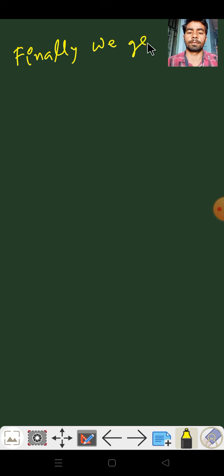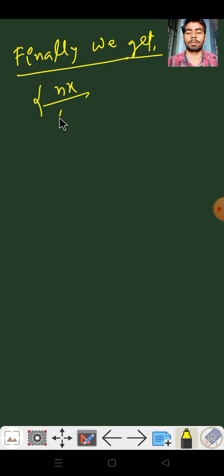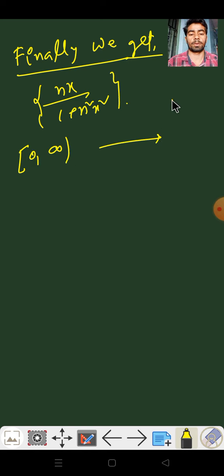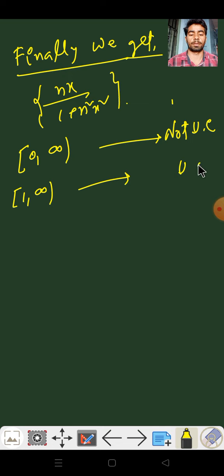So finally we get, for the sequence of functions nx divided by 1 plus n square x square, on the closed interval 0 to infinity, not UC. On closed interval 1 to infinity we get UC.